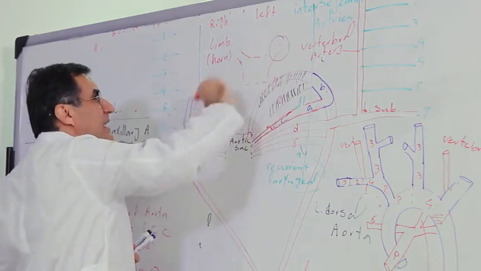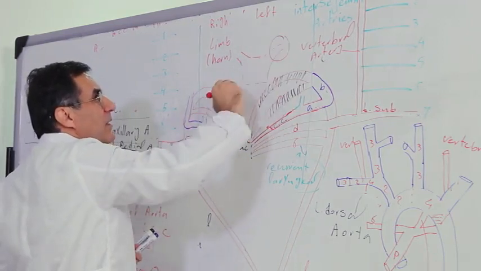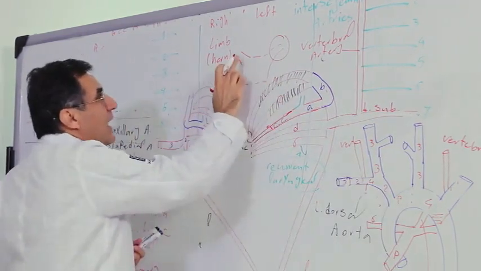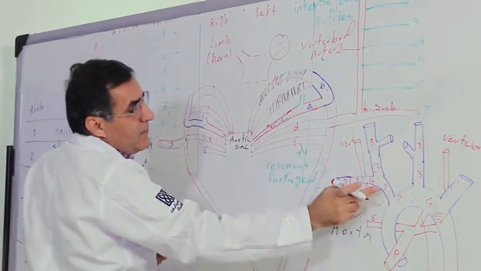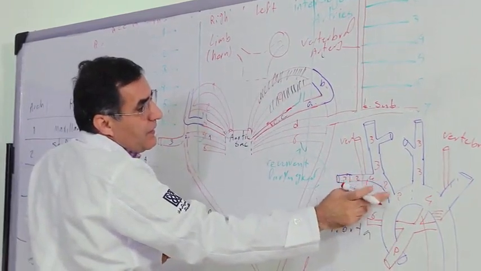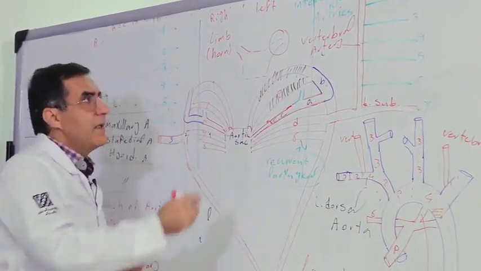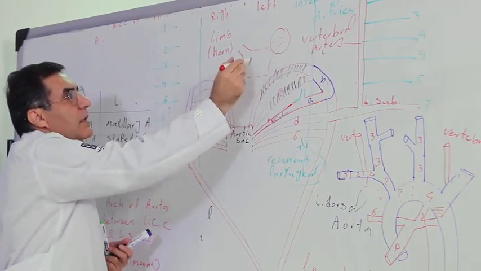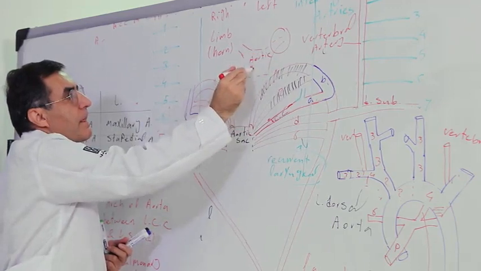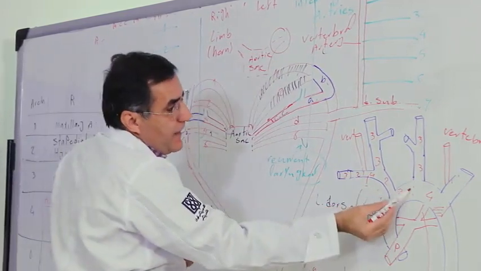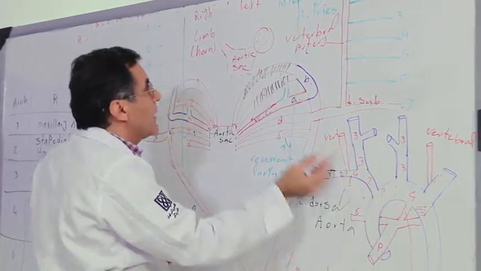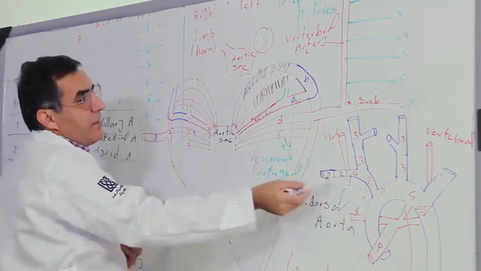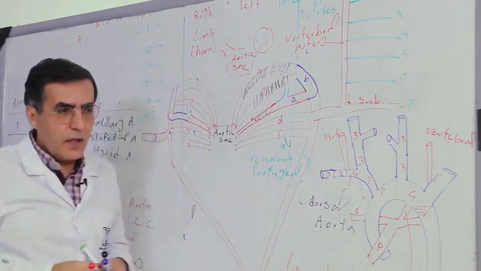The left limb makes the first part of the arch of the aorta, it means this part, and the right limb makes the brachiocephalic artery. Is it clear? The left limb or horn of the aortic sac makes the first part of the aortic arch, and the right limb, here, makes the brachiocephalic artery.